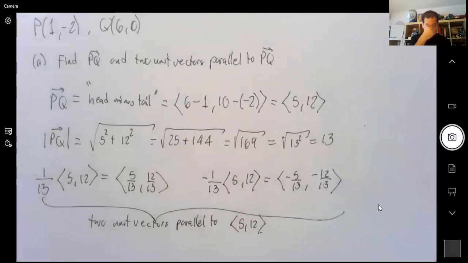There are parts B and C, but we're already over time, so we'll finish it up tomorrow. We'll do parts B and C and start the next section. Again, I want to encourage you to give a little effort.